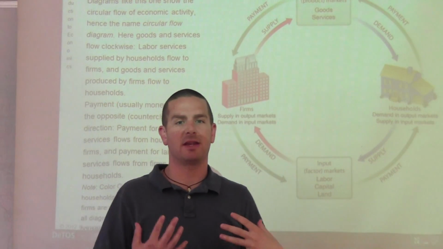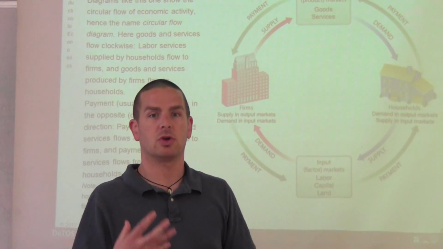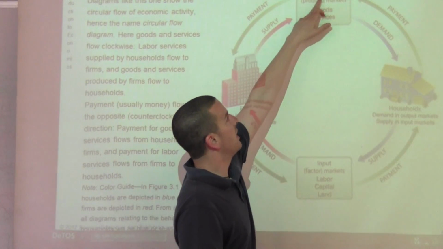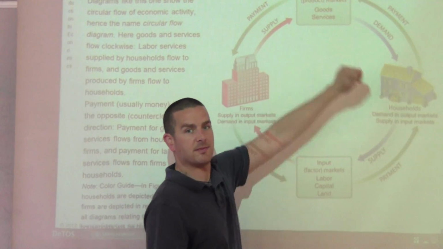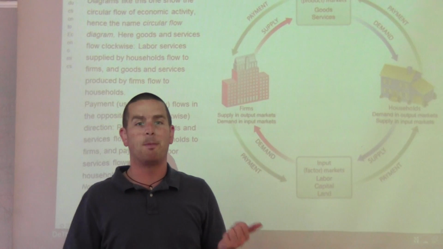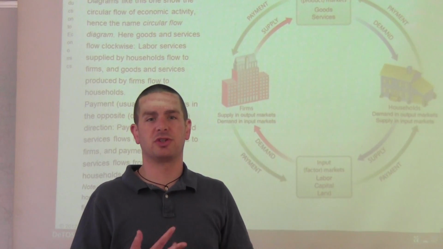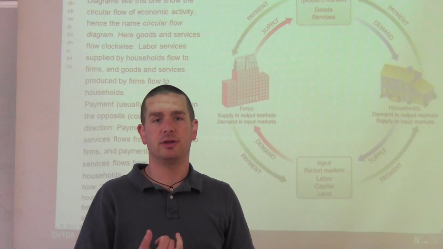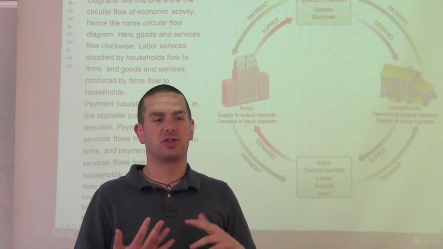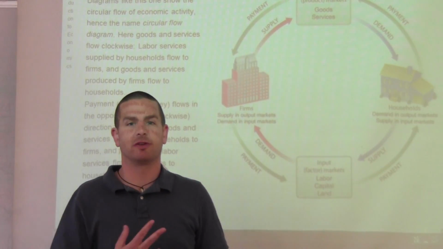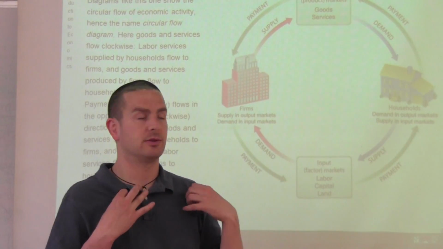They're in the business of supplying cars. They supply those cars on output markets. On an output market, you supply goods or services, right? The good would be a car. A service would be if you're an architect, right? You supply your services as an architect, okay?